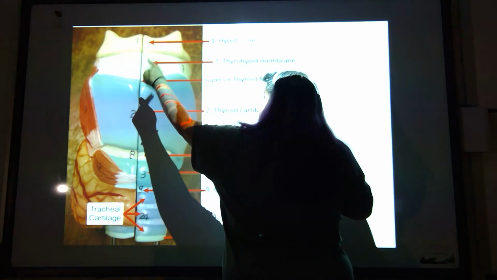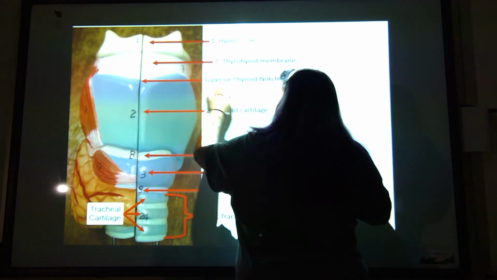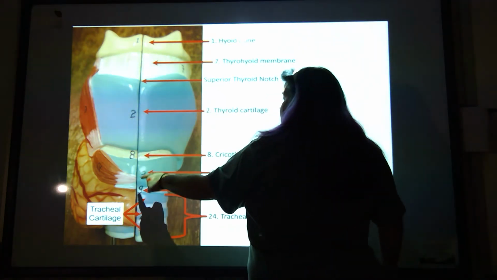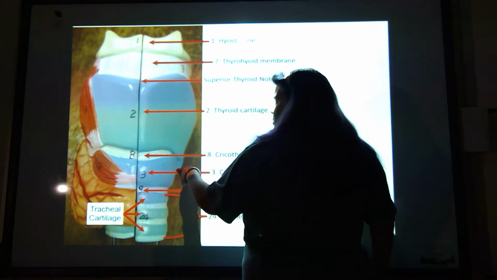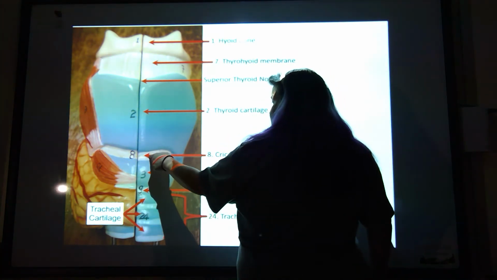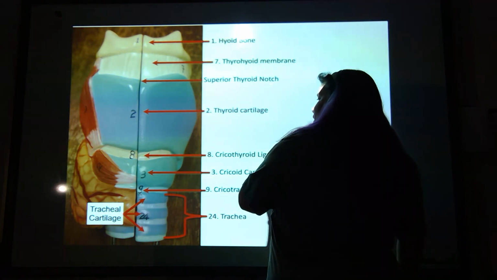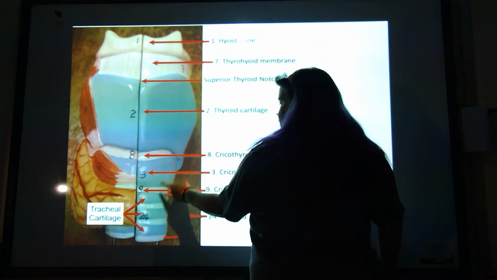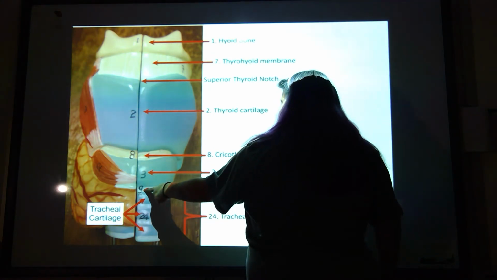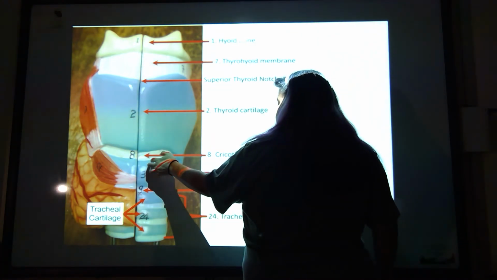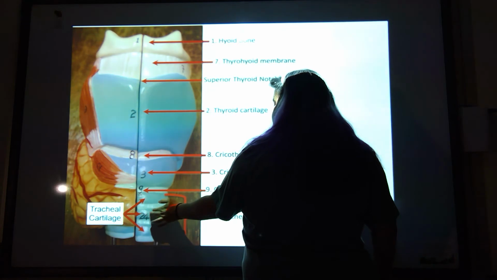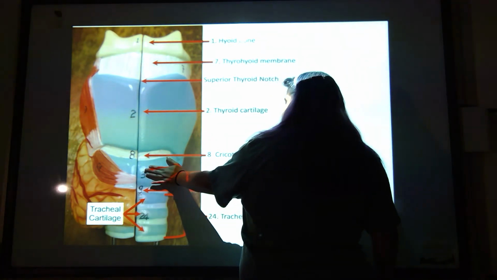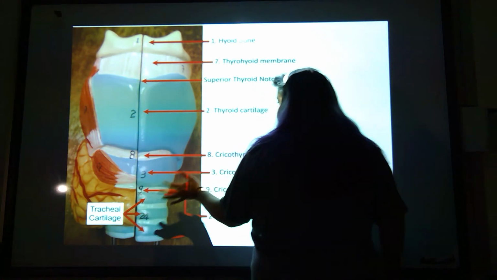Well, that notch in between the butterfly wings is actually called the superior thyroid notch. Here's my cricoid cartilage. So there's the cricothyroid ligament that holds the thyroid and the cricoid cartilage together. There's my cricotracheal ligament between my cricoid cartilage and my tracheal cartilage. Okay, and the minute you start seeing the rings after the cricoid cartilage, this is the trachea.